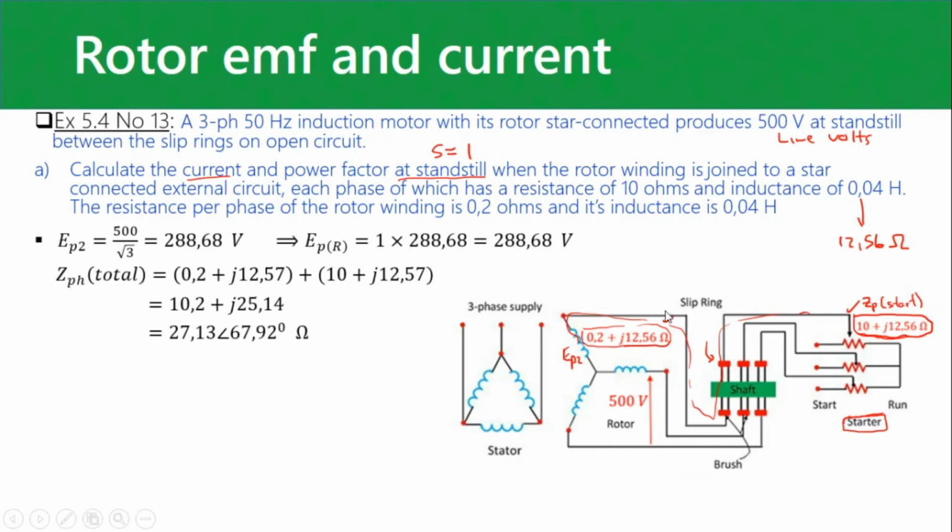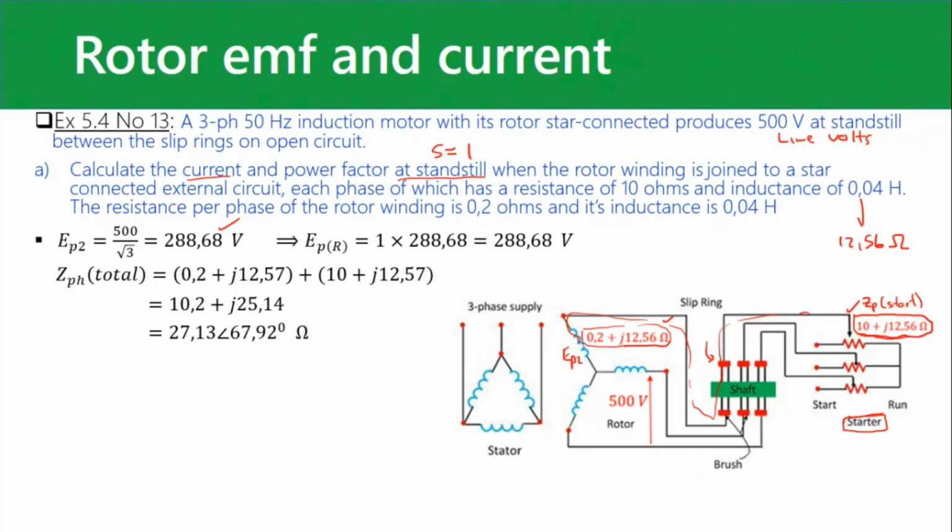So now we've added startup resistors. So EP2, as usual, we do this using that line voltage. So EP2R, now, what's that 1? It's because we're calculating everything at standstill, at maximum slip. Just that millisecond before that rotor starts we want to see, are these resistors working? Are we measuring whether it's doing its job, and is it going to limit the big startup current? That's what we're doing here.